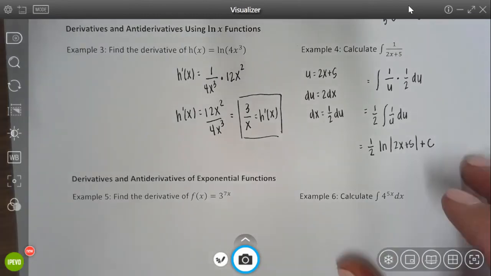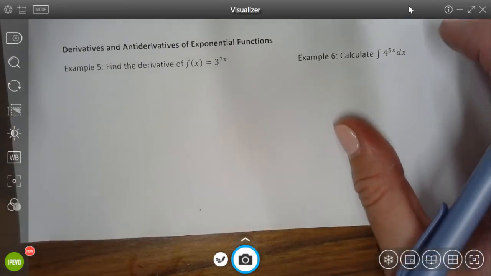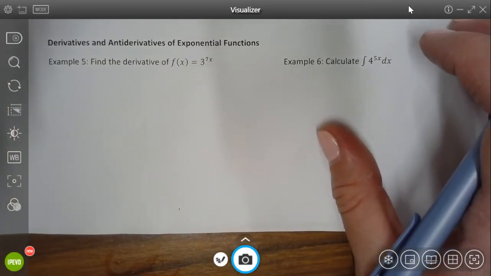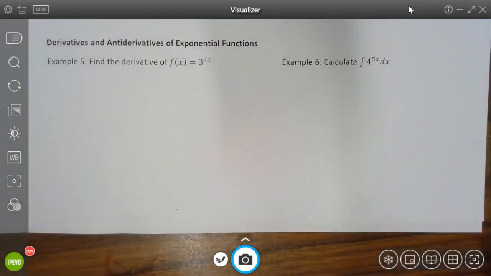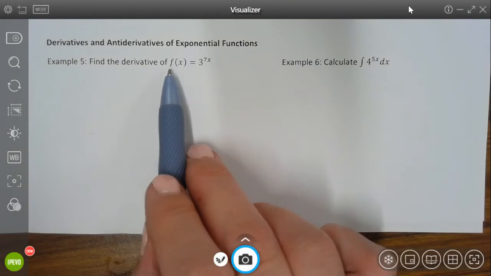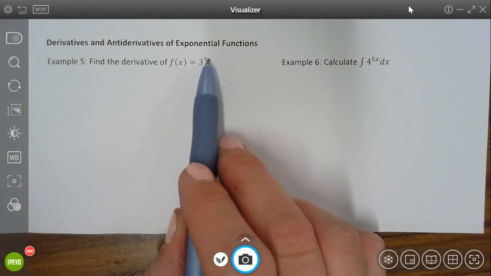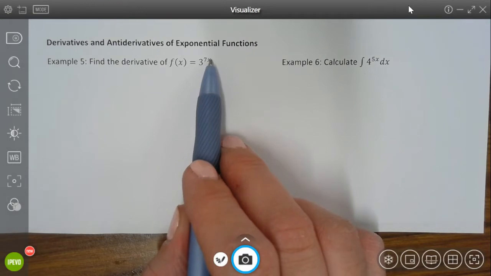Okay, so then there were some rules of derivatives and antiderivatives of exponential type functions that I think I gave you guys a video to review. So if you need to go back and look at that video again, you can also do that. But just a quick review of what those rules were. If I have a base of a number to anything, it could be a variable expression, it could be a trig expression.